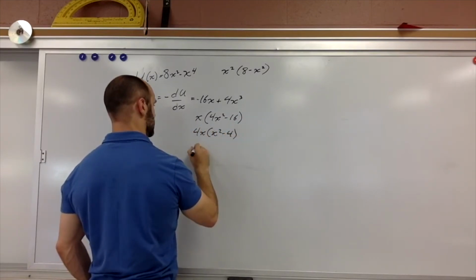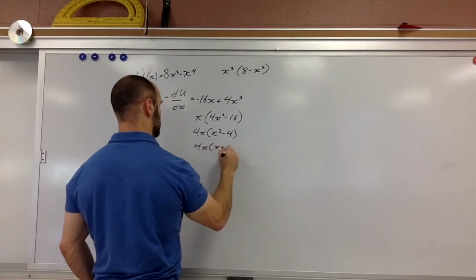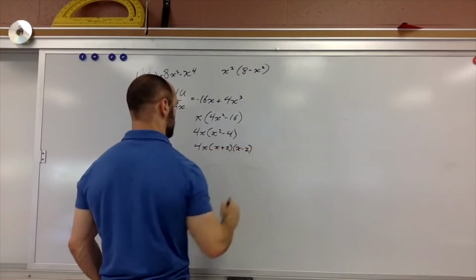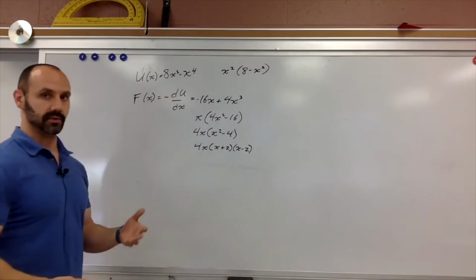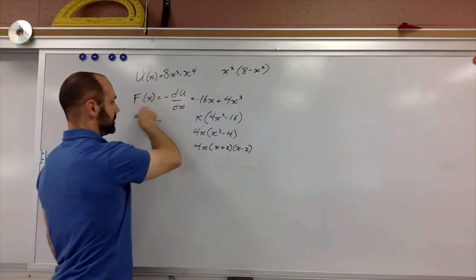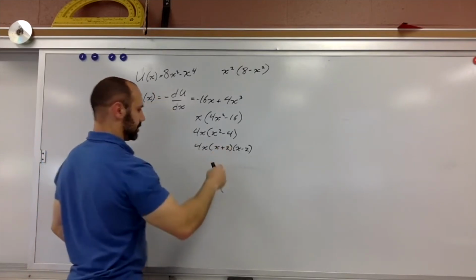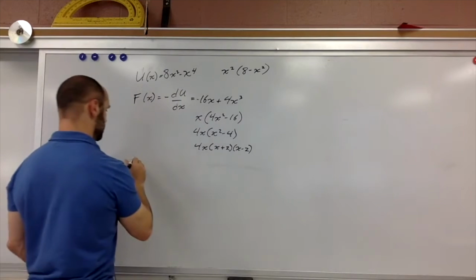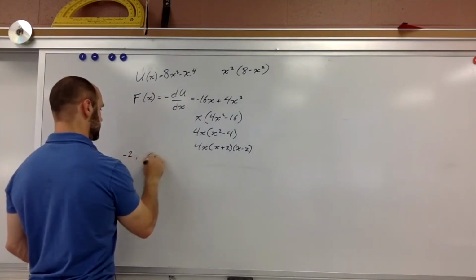So this is 4x times (x plus 2) times (x minus 2). The places where I have equilibrium are the places where the slope is 0. This is the slope, and so the places of equilibrium are going to be negative 2, 0, and 2.